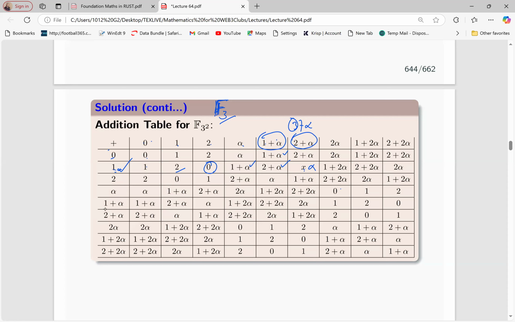Now, what about 1 plus 2 alpha? That gives you 1 plus 2 alpha. What about 1 plus 1 plus 2 alpha? This would be 2 plus 2 alpha. Then 1 plus 2 plus 2 alpha would be 3. Mod 3, that gives us 0 plus 2 alpha, which is 2 alpha.